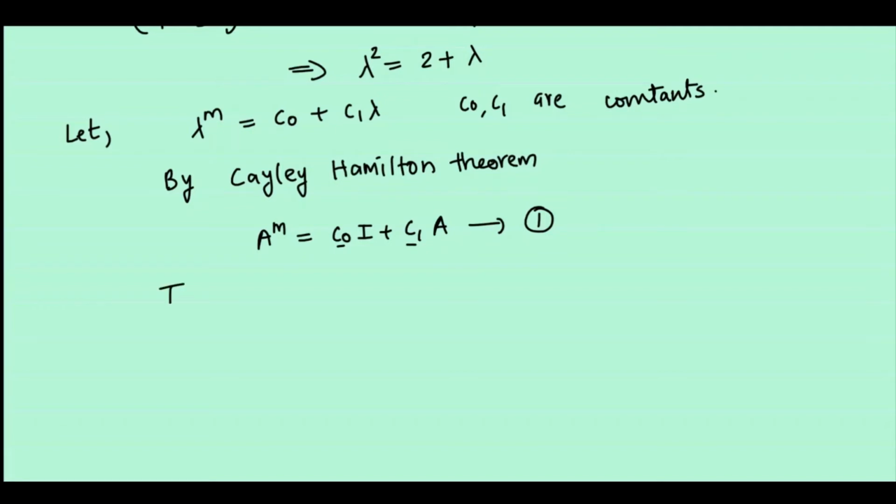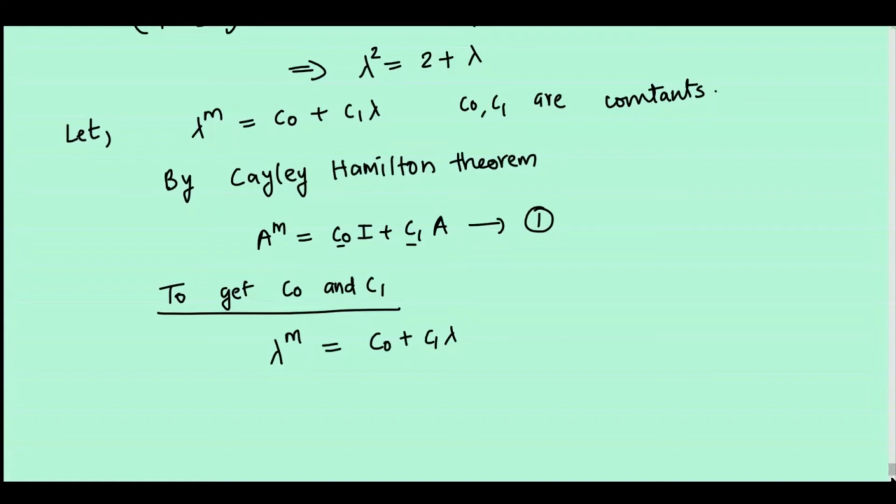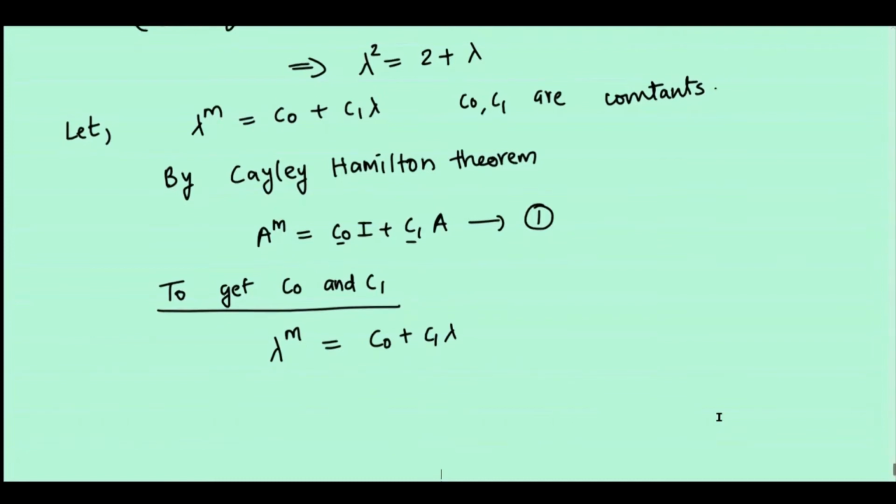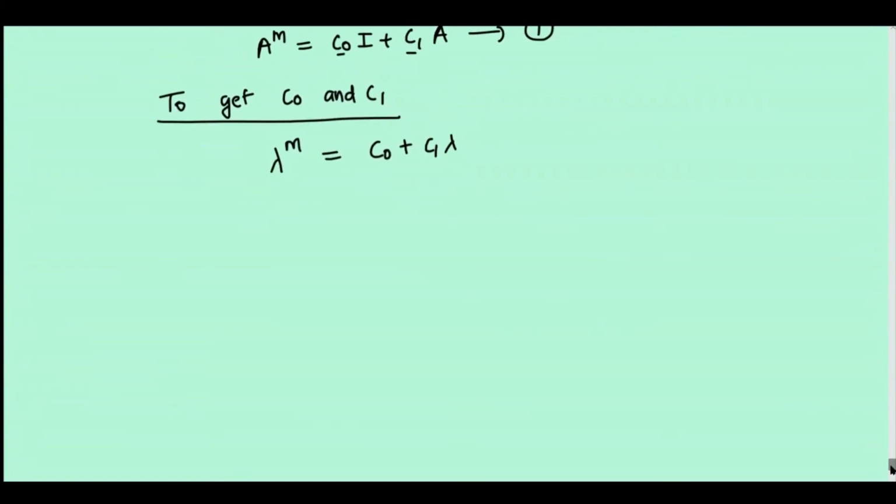So, to get C0 and C1, we have the characteristic equation. We have lambda raised to m equal to C0 plus C1 lambda. Suppose we mark this as equation number 2.